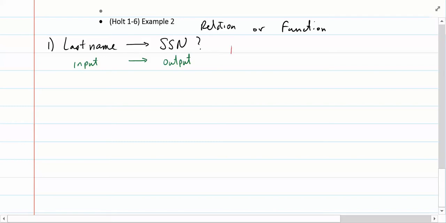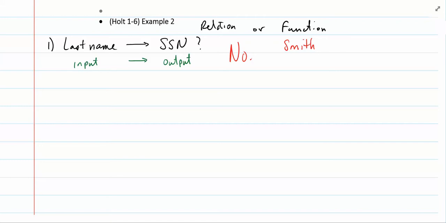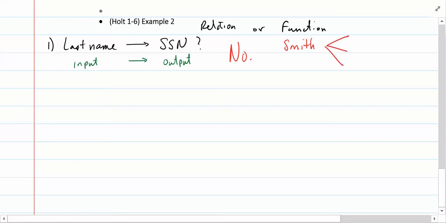And for that answer, I hope you would recognize no. For example, a family by the name of Smith could have lots of different social security numbers. If your last name was Smith, you would have your own social security number, but your mother or your father with the same last name would have their own social security number. And that would be a problem.